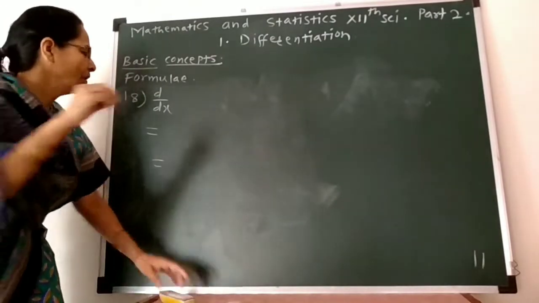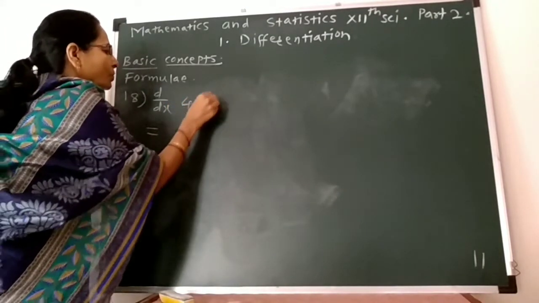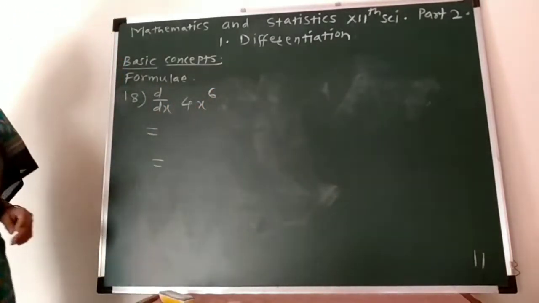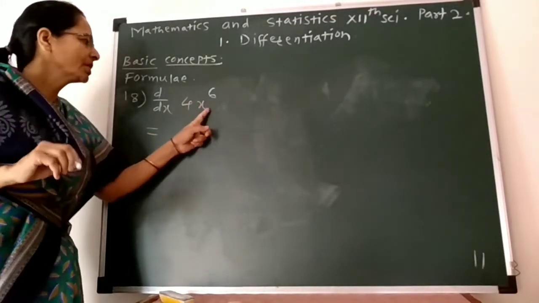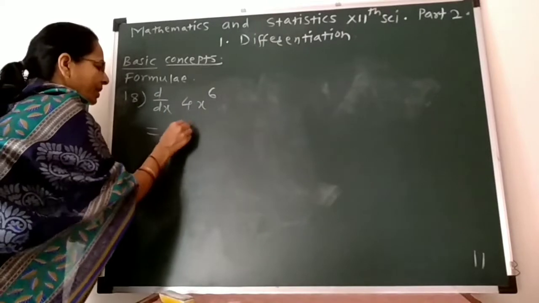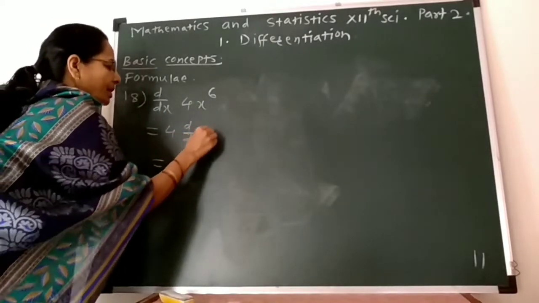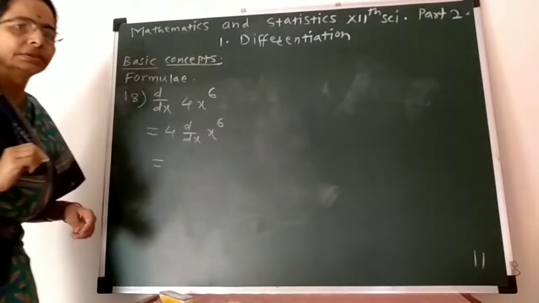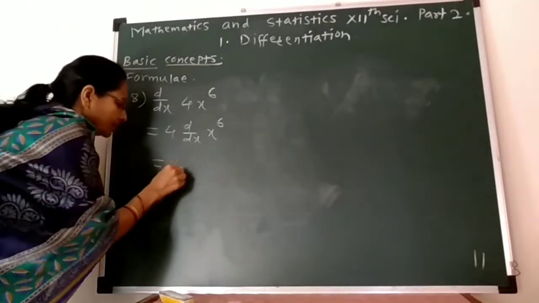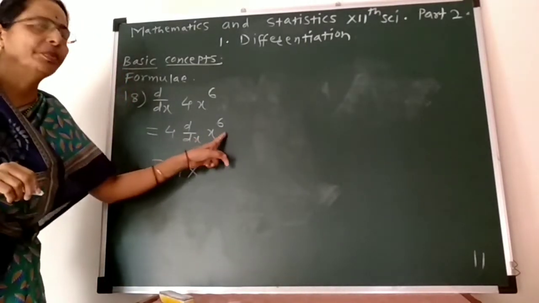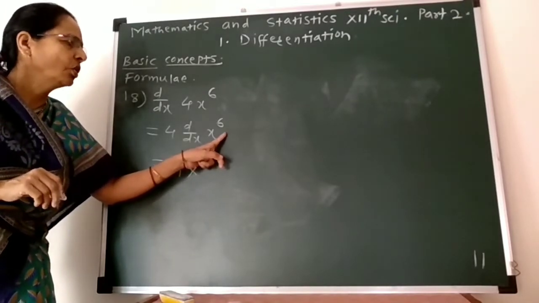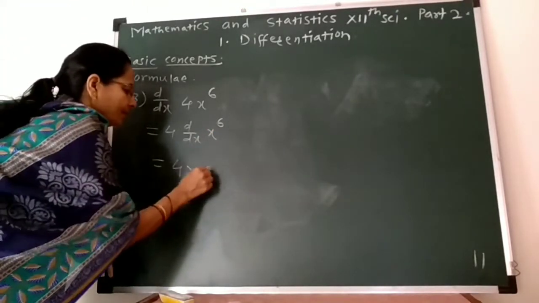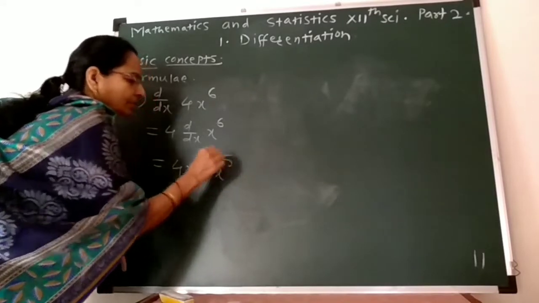Suppose d/dx of 4x raised to 6. In this case also there is a constant and a function. So take the constant outside: 4 into d/dx of x raised to 6. According to the x raised to n formula, it is 6 x raised to 5.